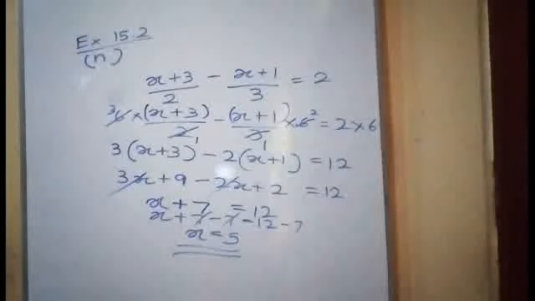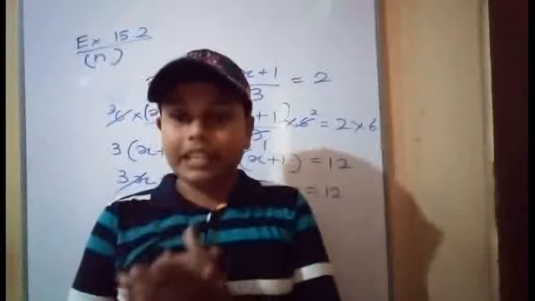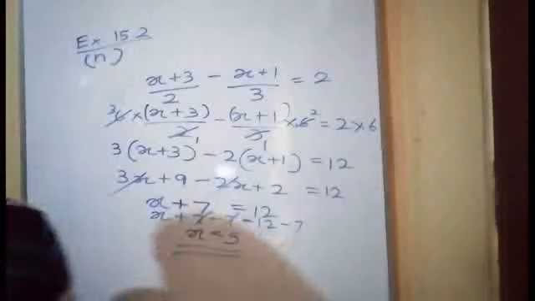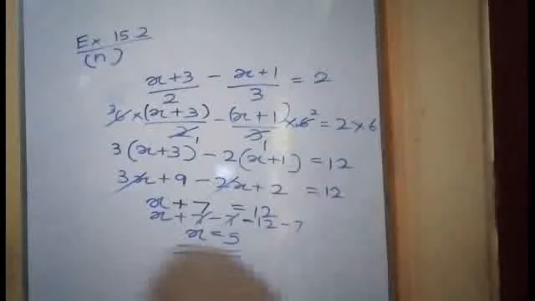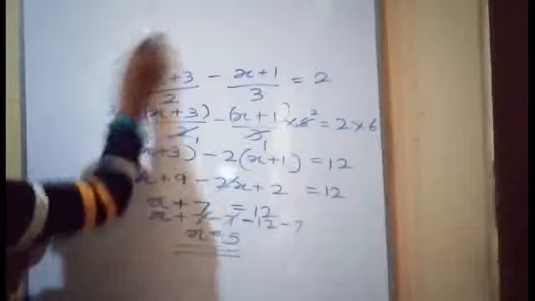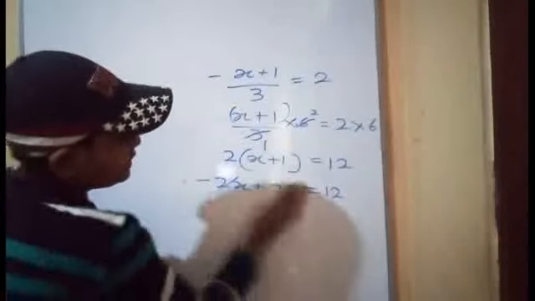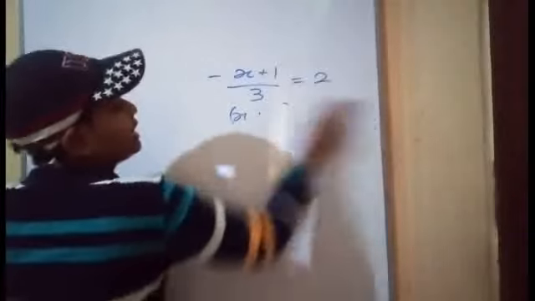So the last part in this equations lesson is solving simultaneous equations. Solving simultaneous equations is the last part in this grade 9 lesson on equations related to the second term of your grade 9.